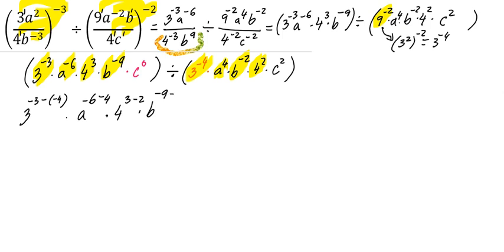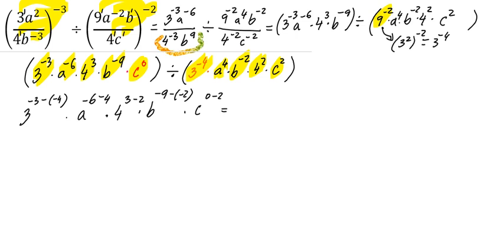Negative 9 minus negative 2. And finally, we have our last term, which is c to the 0 and c to the second. So again, c to the power of 0 minus 2. Let's simplify this and see what we get.